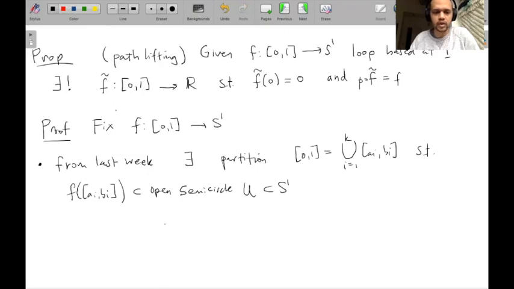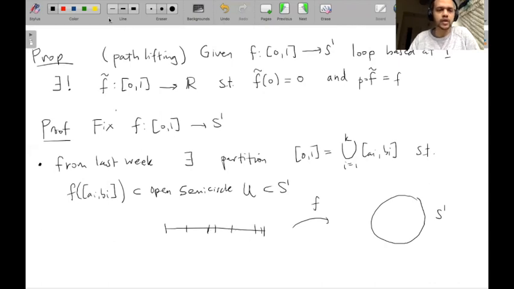So the picture, we have the interval mapping to the circle by f. And so we gave an argument last week that you can break up this interval into little pieces, subintervals, so that each subinterval maps. So here's the interval a_i to b_i. f of a_i and f of b_i are contained in some hemisphere.